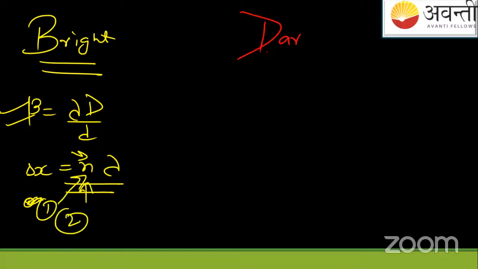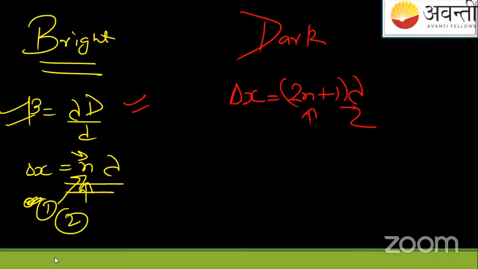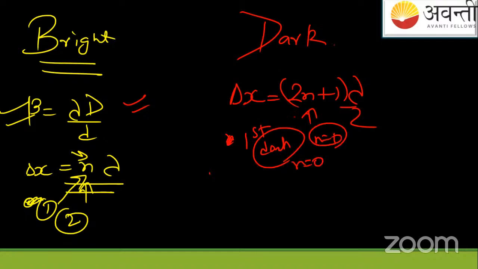But if we talk about the dark spots, the fringe width beta is the same, but the path difference you take as (2n plus 1) lambda by 2. The problem is that if you need to find the first dark fringe, you can't use n equals 1 here. You will use n equals 0. So that is a little bit of an error of this. I mean, it's not wrong, it's right, but it's not convenient.